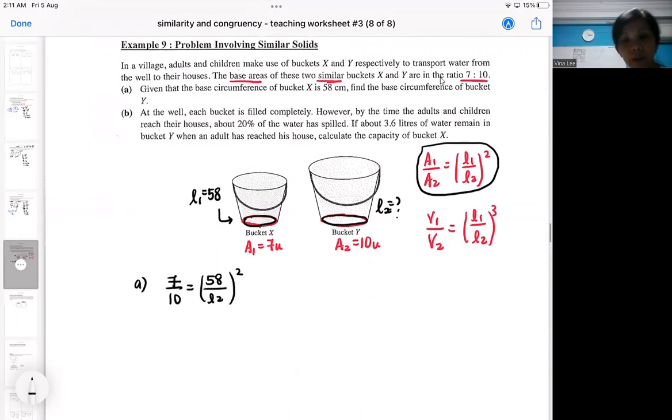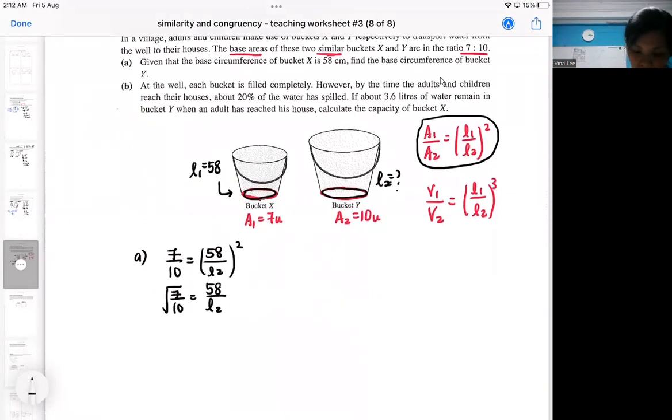How are you going to do that? Same thing. You can either square the fraction and cross multiply, or you can take a square root, multiply, and then divide.